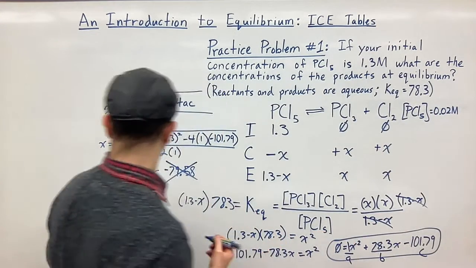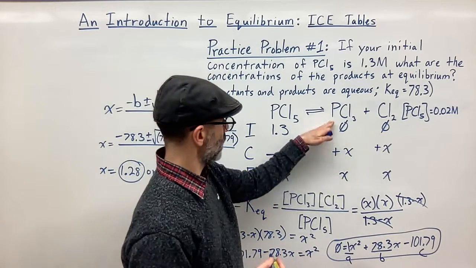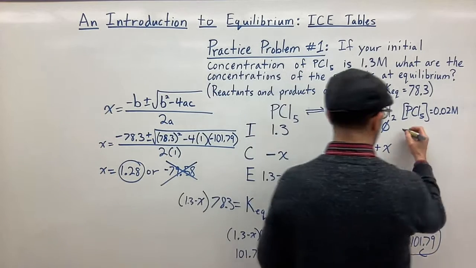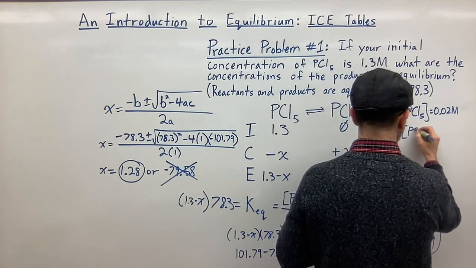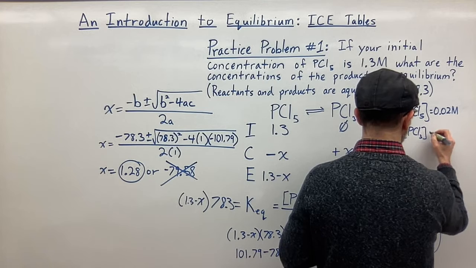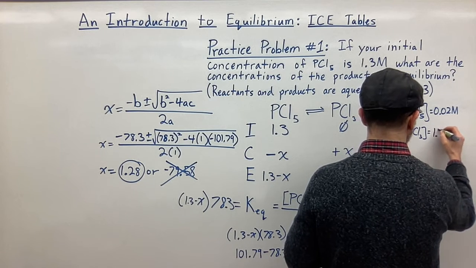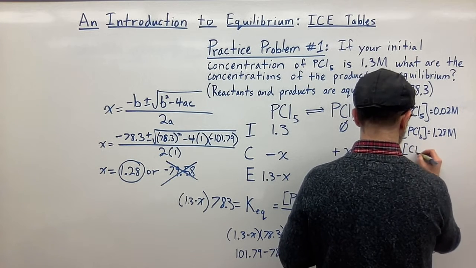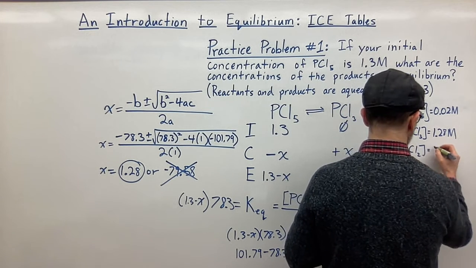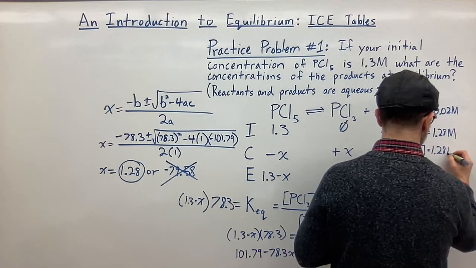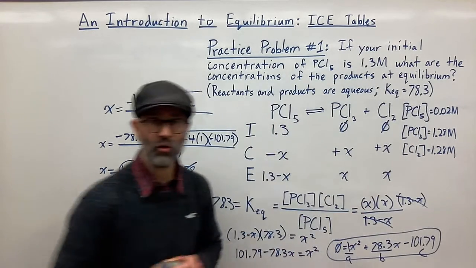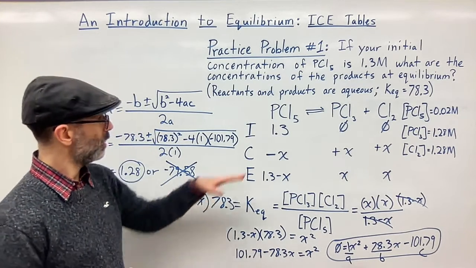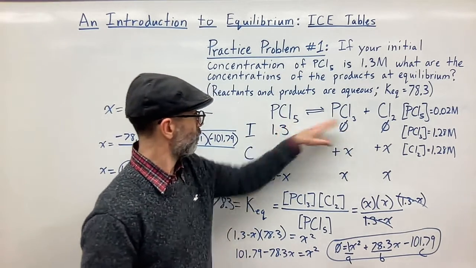And then we have PCl3 and Cl2, which are going to be x, 1.28. So PCl3 is going to be 1.28 molar, and Cl2 is also going to be 1.28 molar. So those are the equilibrium concentrations for those reactants and products.